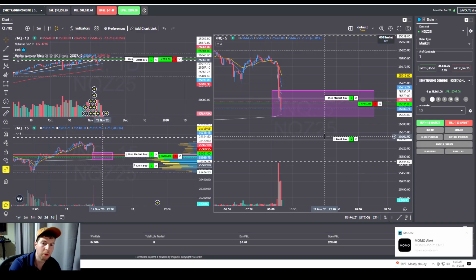I know I can turn on the prints on TopstepX, pretty sure, but it would be nice to see the full order book.